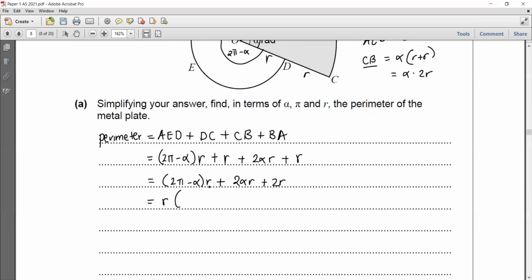So if I factor out the r here, I have 2 pi minus alpha, and then here I have plus 2 alpha, and then here I have plus 2. So this is r, then I have 2 pi. Negative alpha plus 2 alpha is positive alpha, then plus 2. So this is the formula for the perimeter of this metal plate, simplified. Okay, again, it said you must simplify, so leave it like that, that's fine.